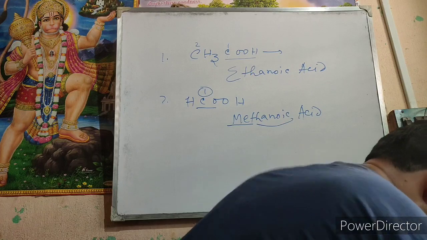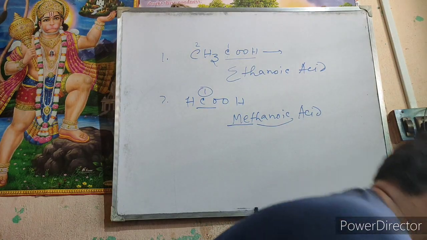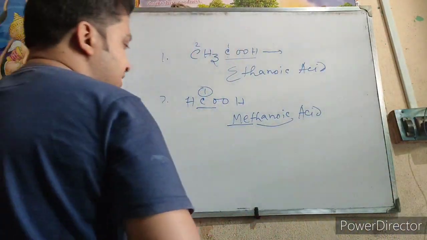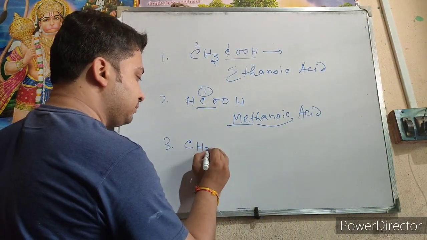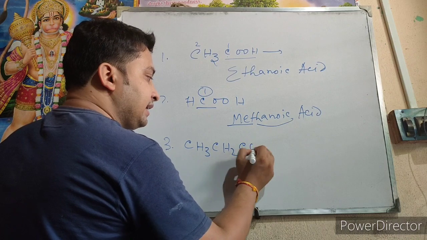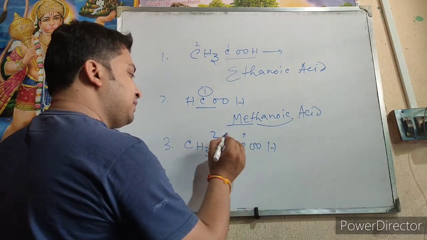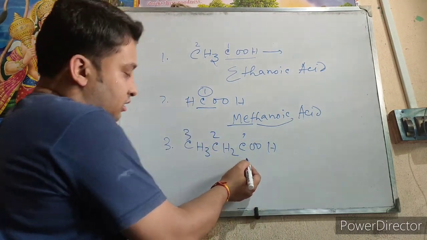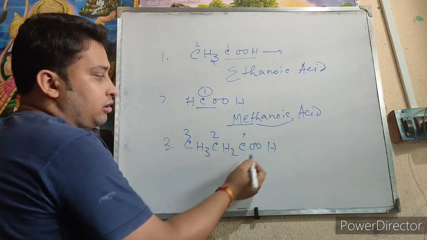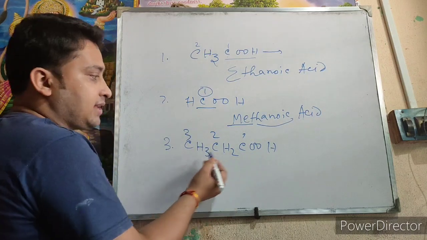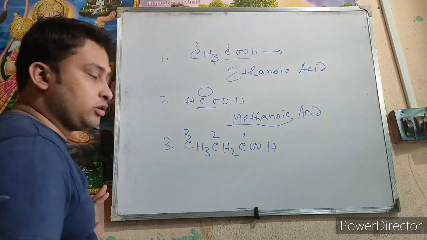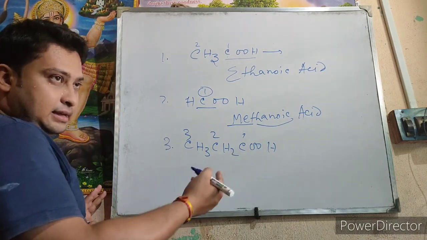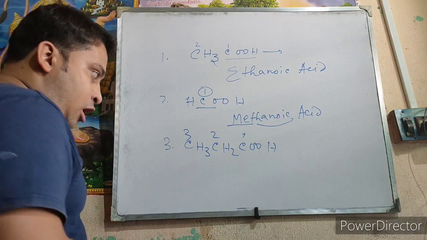Now you can take another example, CH3CH2COOH, right? So the third one is CH3CH2COOH, that means the number of carbon is 3. As the number of carbon is 3, that is equal to prop, and the bond between them is single, so this is propan, prop plus an.